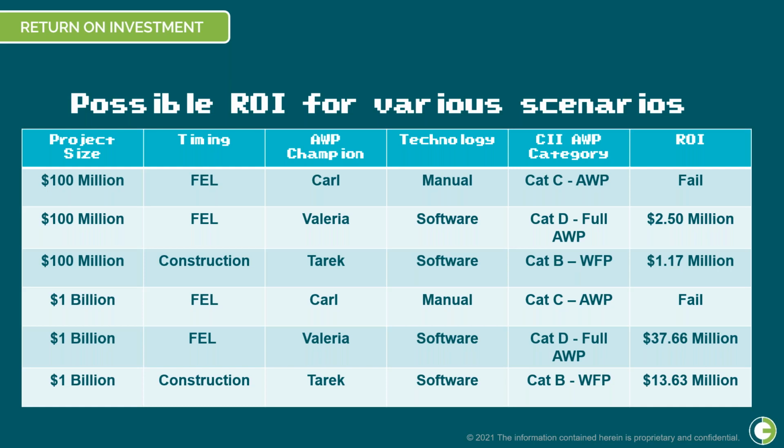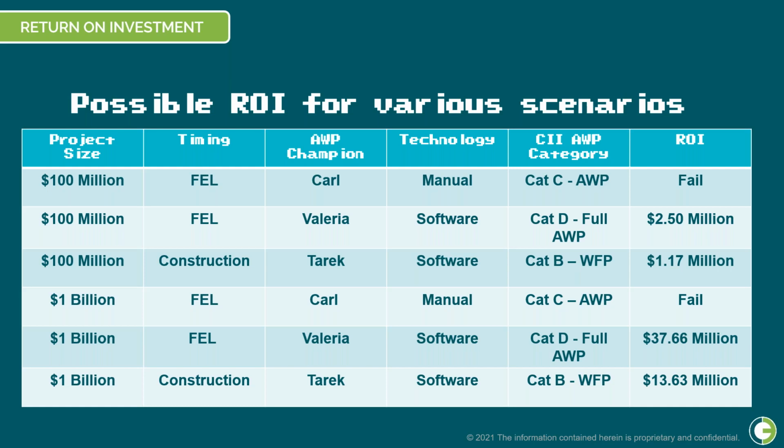He's just going to revert to his old style of delivering projects. "Hand me a stack of isometrics and I'll go figure it out for myself." So even though we started at the right time, doing it with the wrong person and not having the technology to support the process was going to see us getting a fail. And basically that comes out with an almost zero return on investment.